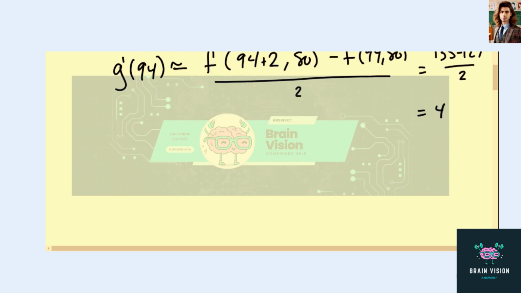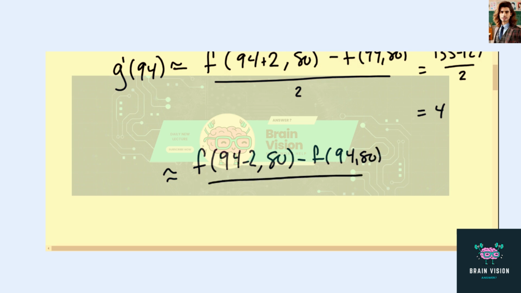Then we do the same thing, but for minus 2. So it's also going to be equal to f of 94 minus 2, 80 minus f of 94, 80 over 2. This gives us 119 minus, that'll be over a negative 2, apologies.